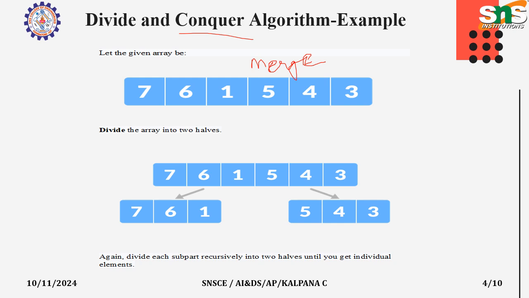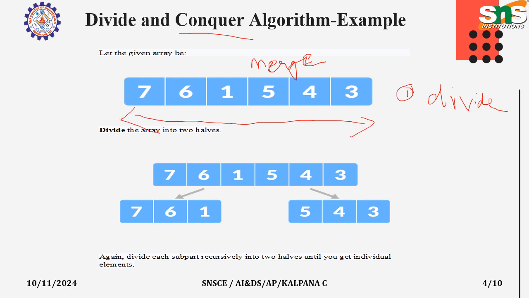We are going to sort this given array with the help of divide and conquer, using the merge sort technique. What is the first step? We have to divide the array into smaller arrays. Correct? So this is my full larger array.